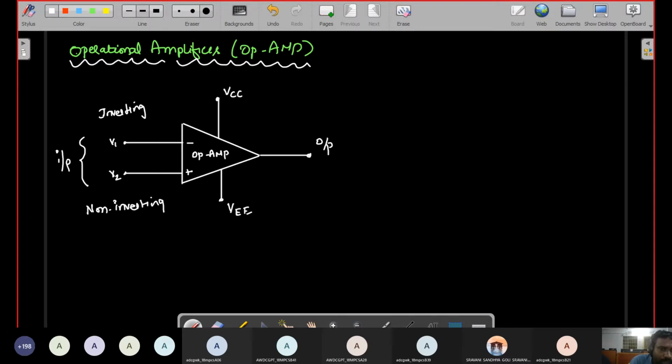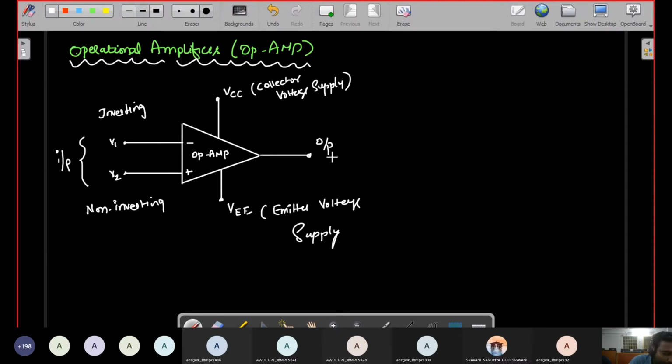Okay, so this is positive supply. This is called collector voltage supply, and this terminal is called emitter voltage supply.